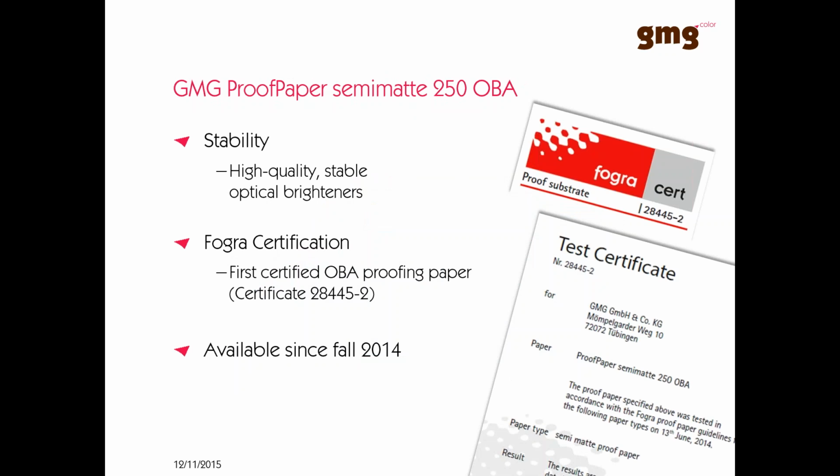As mentioned at the very beginning, stability was a task, and FOGRA has developed nice testing methods to describe and to verify the stability of OBAs in papers. It was interesting to see that some of the tests showed that this paper is more stable than the proofers' inks sometimes.